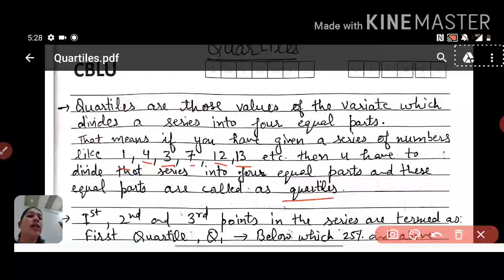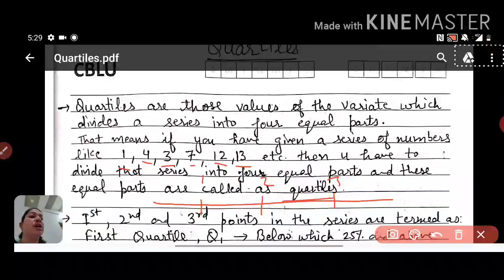I am here taking an example. Suppose here is a line and you want to divide that line into four equal parts. When you divide that line into four equal parts, there will be some points, like this is point 1, this is point 2, this is point 3.